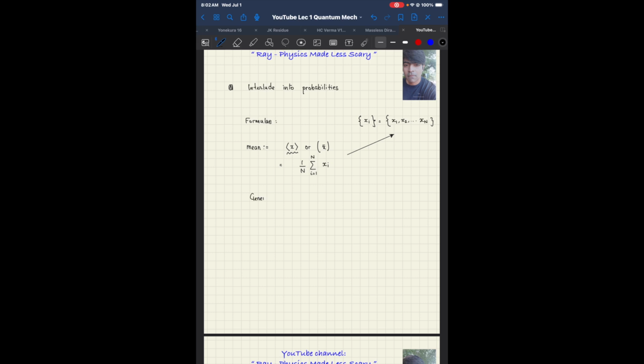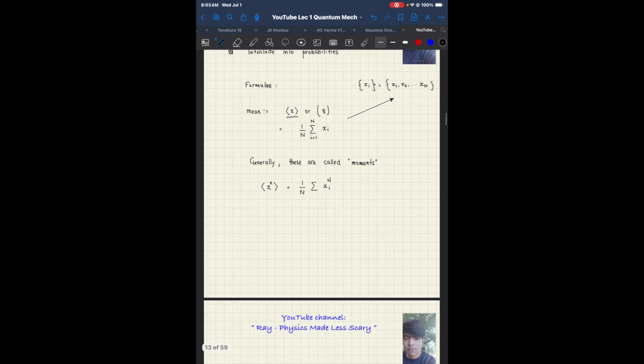Generally, these are moments in probability, and the definition is the expectation value of x to the n, which, extending this definition here, would simply mean that your x bar is simply the first moment.